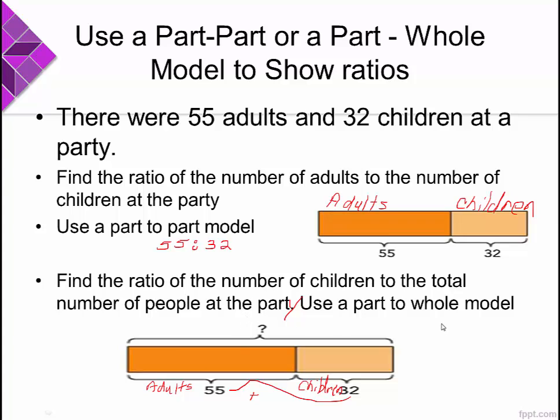I will come up with how many are at the party. 55 plus 32, 7 and 8, so there's 87 people at the party. So I want to find out how many children to the number of people at the party. So I have the number of children, 32, to 87 people. So there's 32 children for every 87 people.